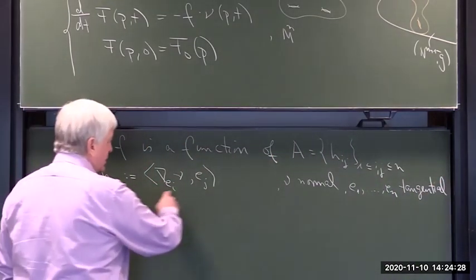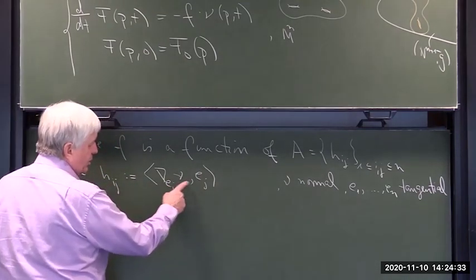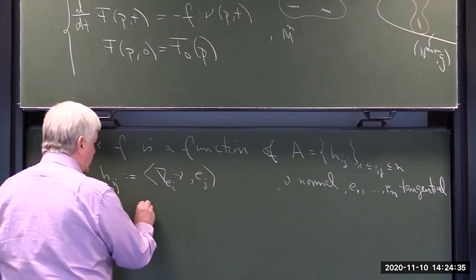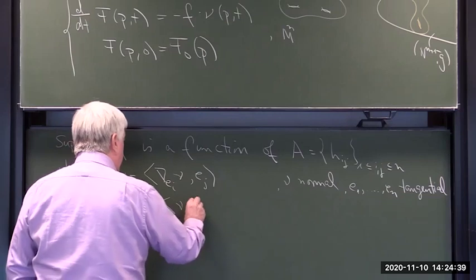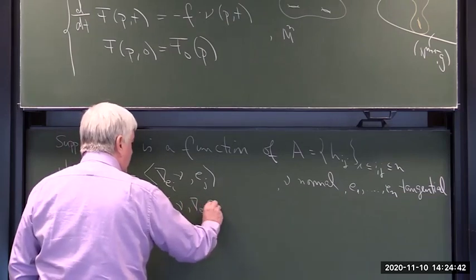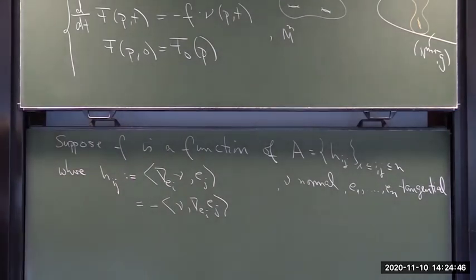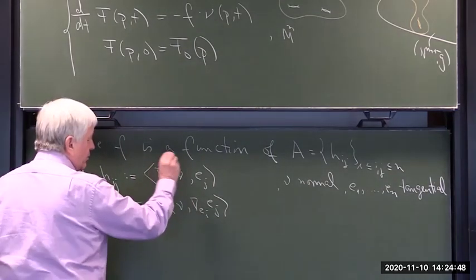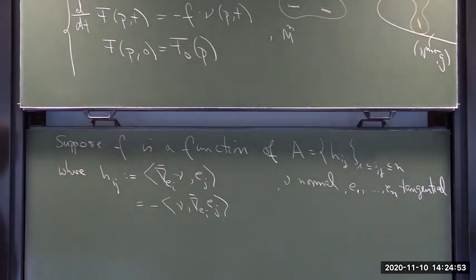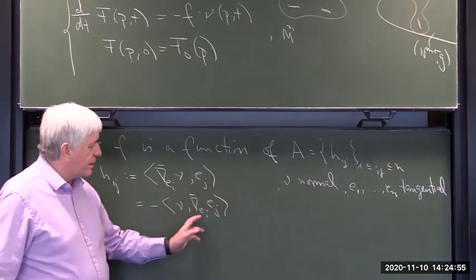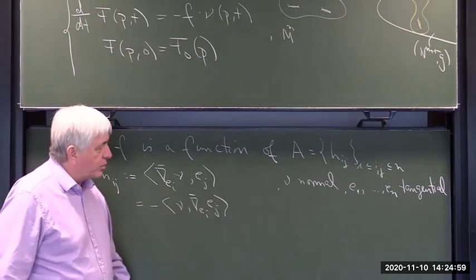And then this is the definition of the second fundamental form. And since the inner product of nu and e_j is 0, this is the same as minus nu, the gradient of e_i in direction of e_j. And of course, this would be the covariant derivative with respect to the ambient manifold. And then we take here the tangential component and here the normal component.